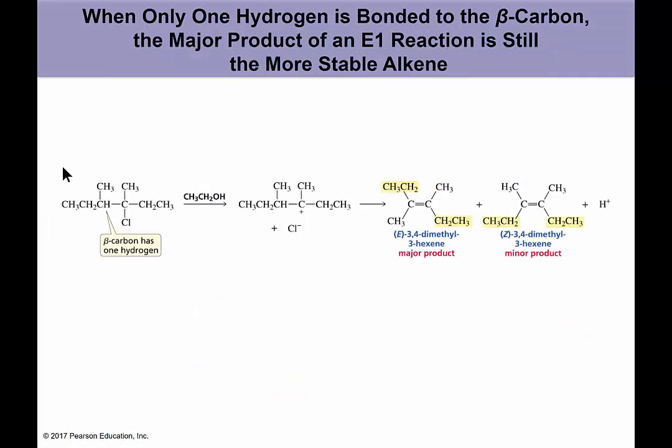So what happens in an E1 reaction that's different than an E2 reaction, that causes E1 reactions not to care whether or not you get anti-elimination? So think about what's going on in this particular reaction that's shown here. This is an E1 mechanism. E1 is promoted, just to review a little bit, by the use of a protic solvent.